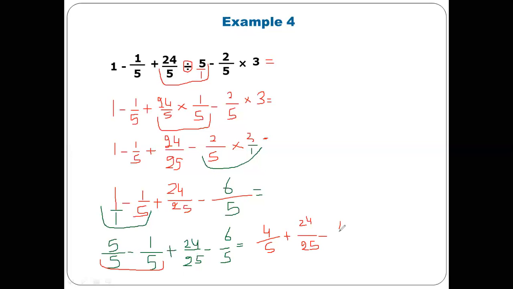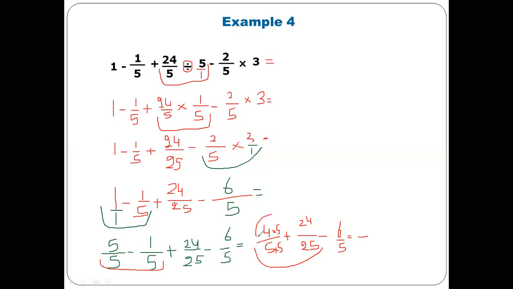Minus 6 over 5. I should start with the addition operation. I should multiply by 5 up and down. Why? Because I have to get same denominator since I'm adding two fractions.